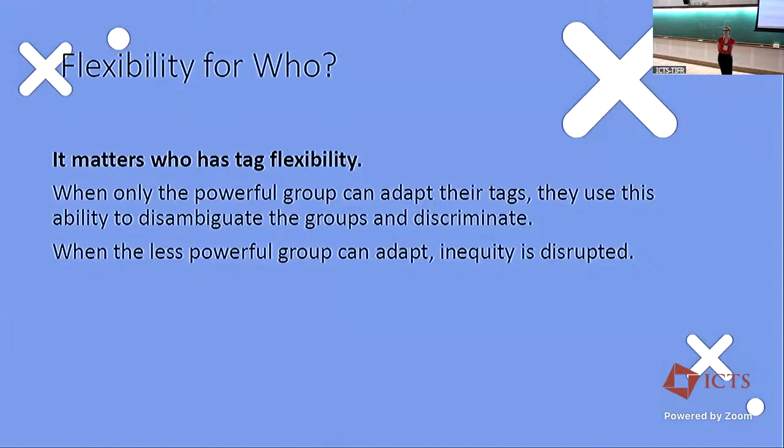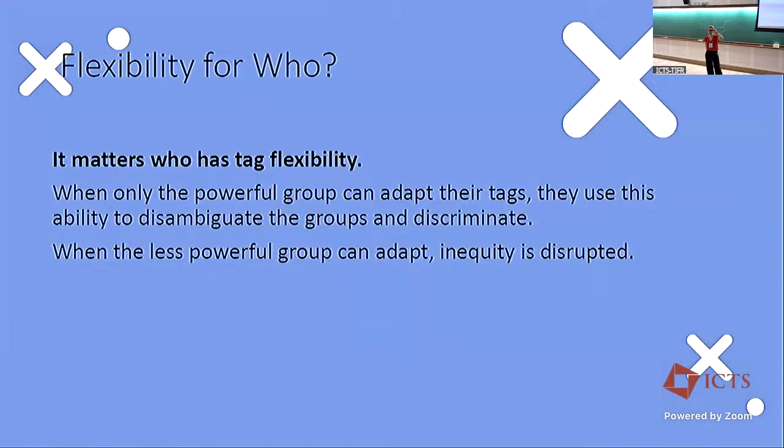Yes, very much so. I think that's a big part of the insight here, that not all tags will work the same and some will be much more flexible than others. And in fact, what you often do see is powerful groups choosing tags that will disambiguate them from a less powerful group. So picking clothes that people simply can't afford, or developing an accent that you have to start learning from when you're a very small child and otherwise can't imitate, or even having things that are almost dog whistle level signals.